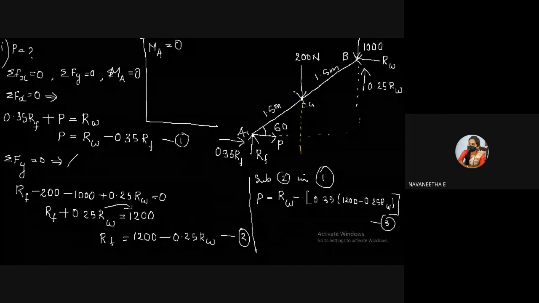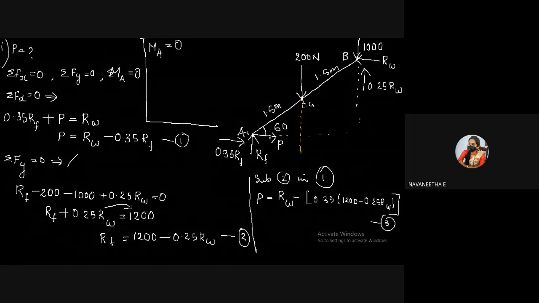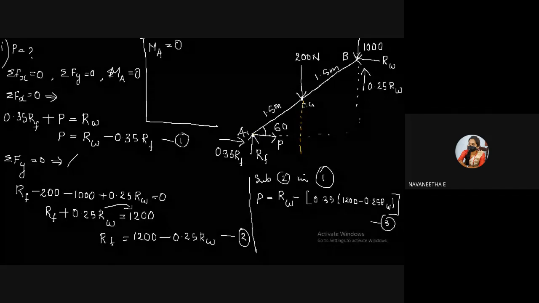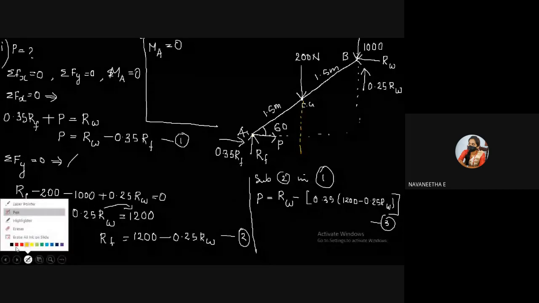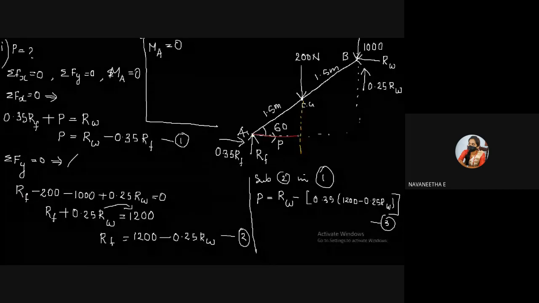We have to find the perpendicular distance between the moment center, that is point A, and the line of action of 200 Newton. So the perpendicular distance is this one. I will mark it. We have to find this distance.